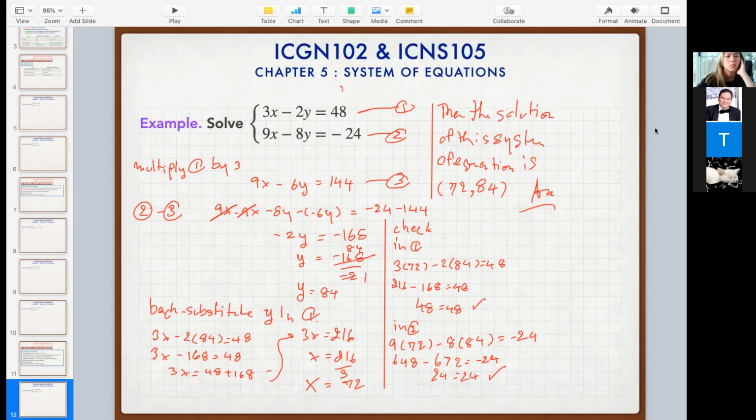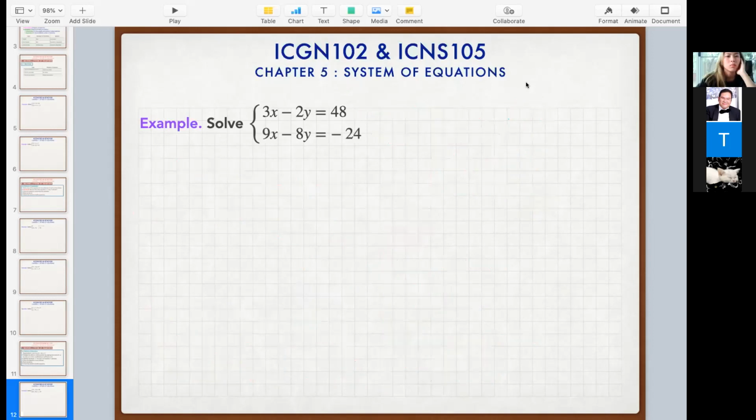Anyone? If not, I want you to do the next example by yourself. For this one, I want you to solve by using the method of elimination to find the value of x and y.